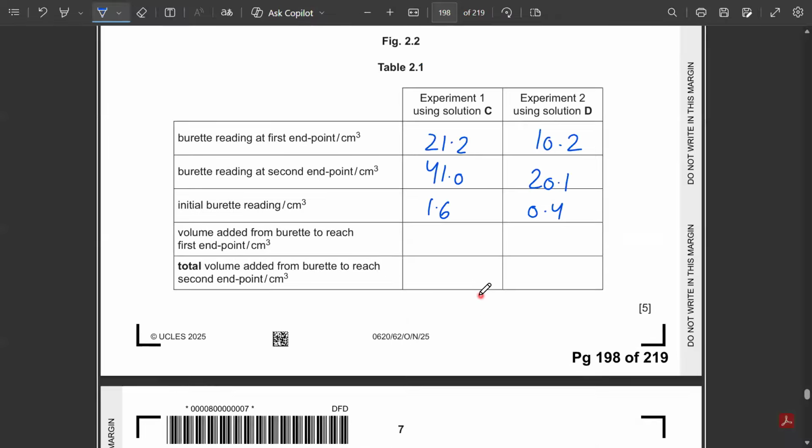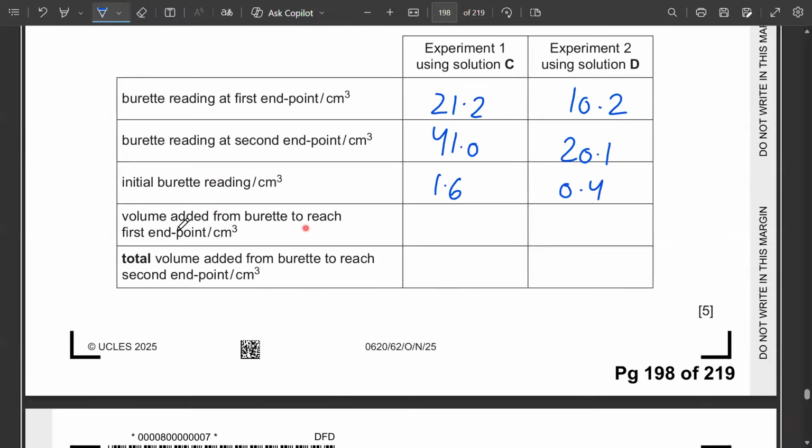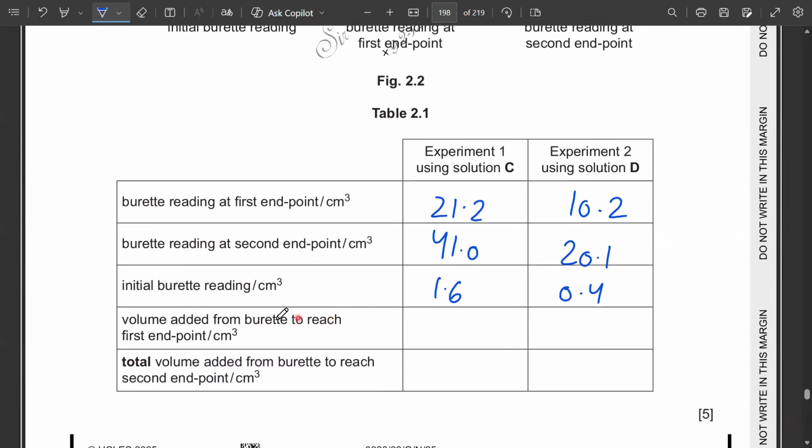Now, volume added from the burette to reach the first endpoint. You have to find the volume added, that is the volume required, which is basically the difference between the initial value and the burette reading at the first endpoint. So you take the difference of these two values.